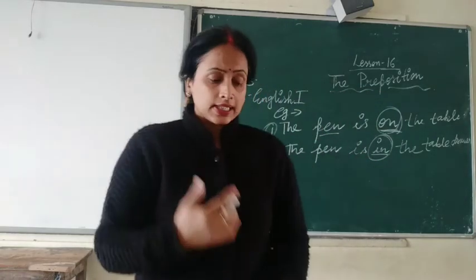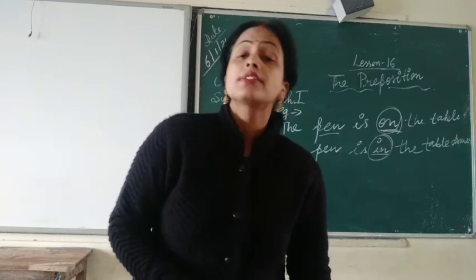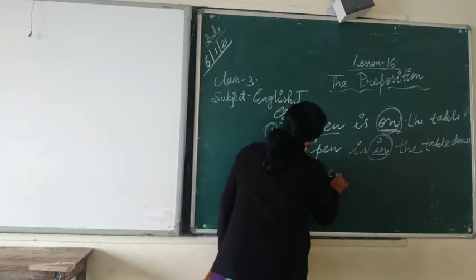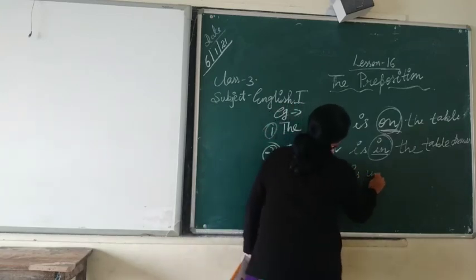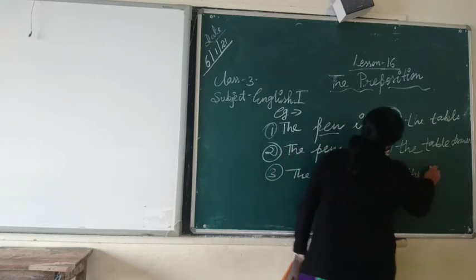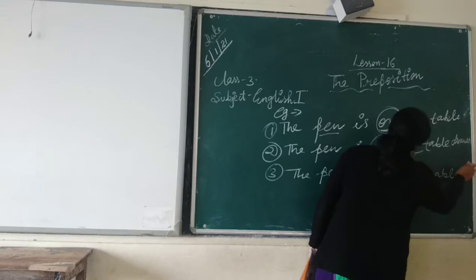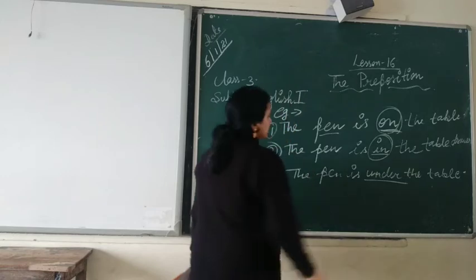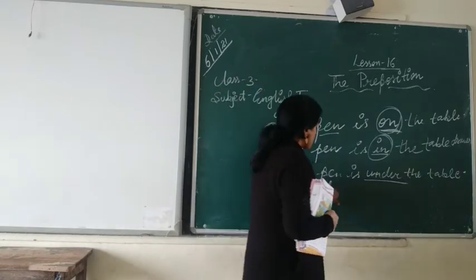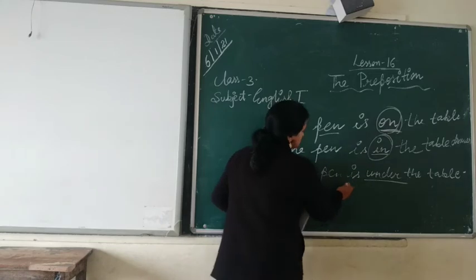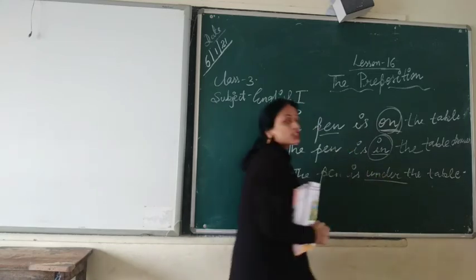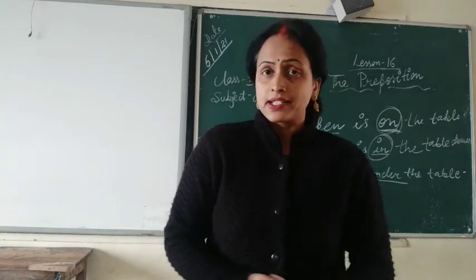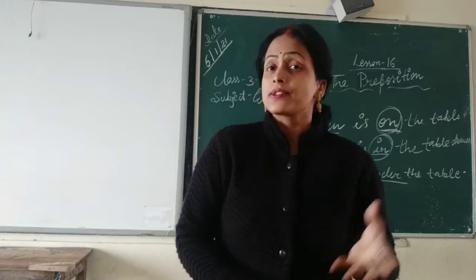Now, the pen is under the table. When you see the sentence, this "under" relates the noun and pronoun in the sentence. Pen is what here? A noun. And "under" is a preposition. So it relates words in the sentence, and this is a preposition.